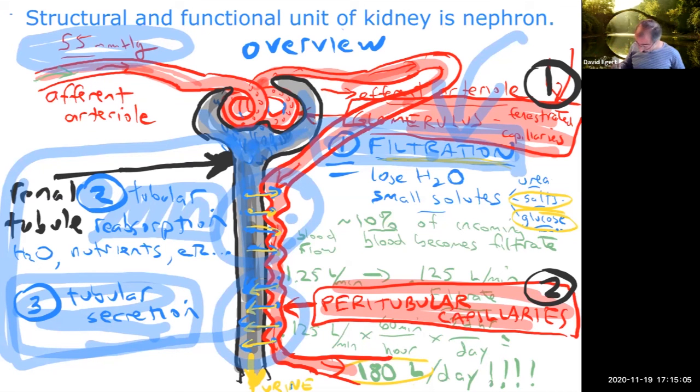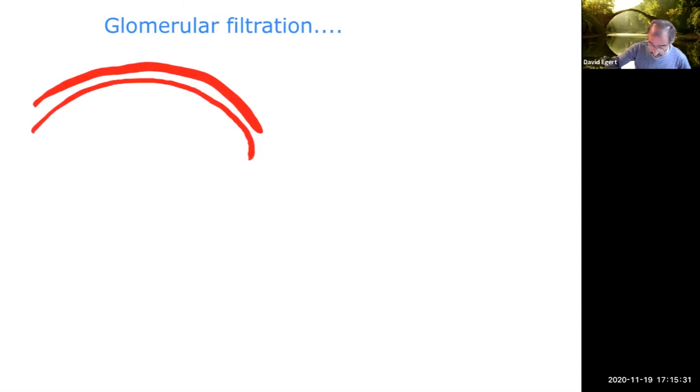Okay. So let's talk about glomerular filtration. So again, you've got this afferent arteriole coming in, these leaky capillaries that are the glomerulus.